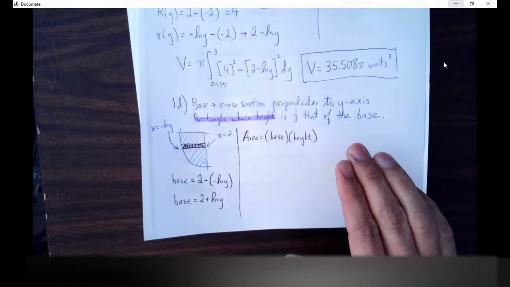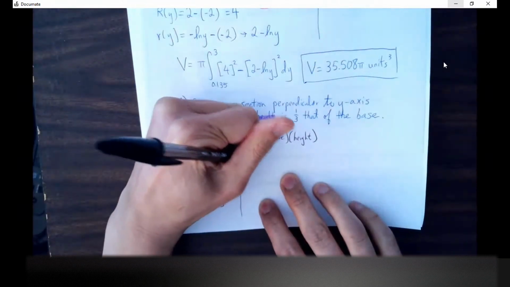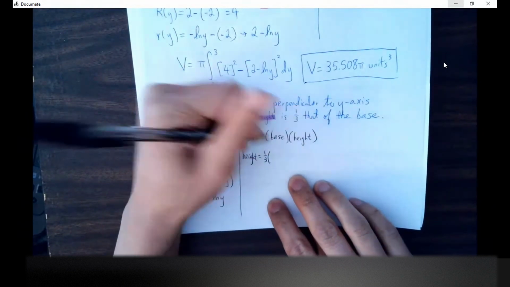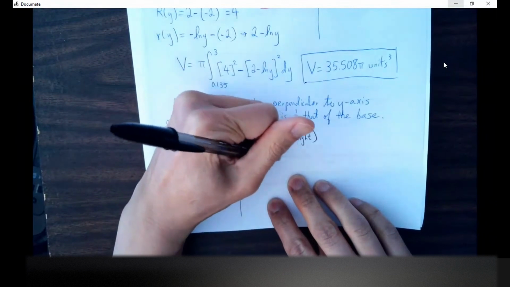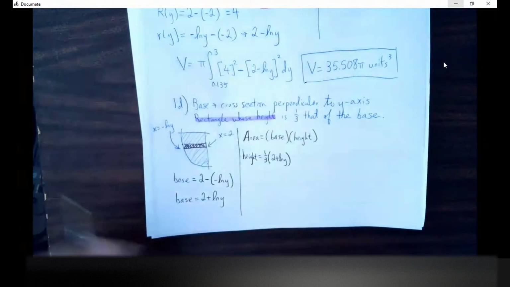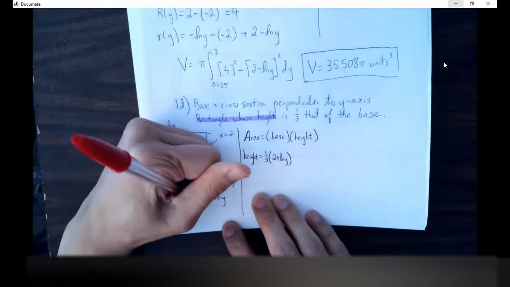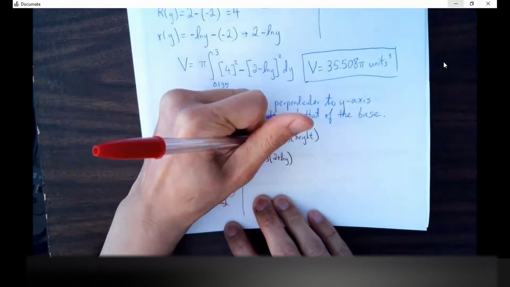It's 1/3 2 ln y. So the base will insert here.